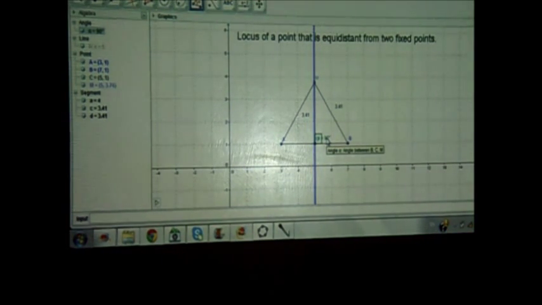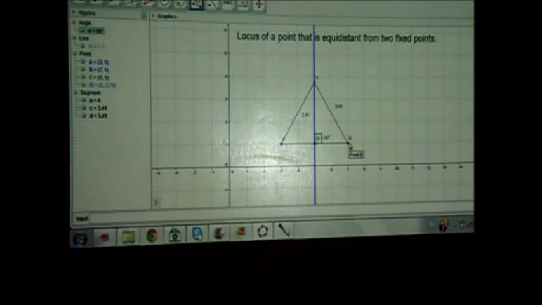We see that this angle is equal to 90 degrees. So this straight line is perpendicular to the segment AB. Also, it passes through its midpoint. So this straight line is the perpendicular bisector of segment AB.